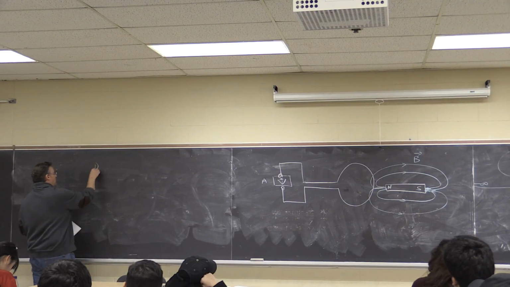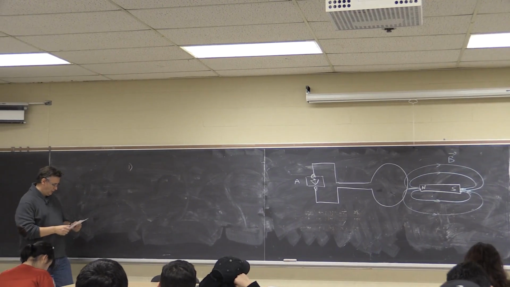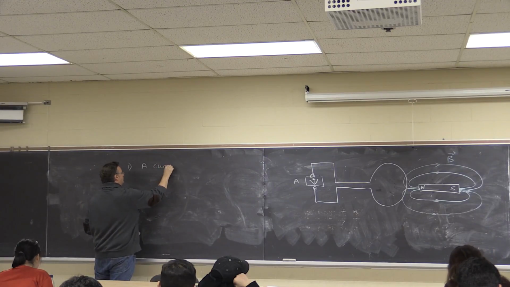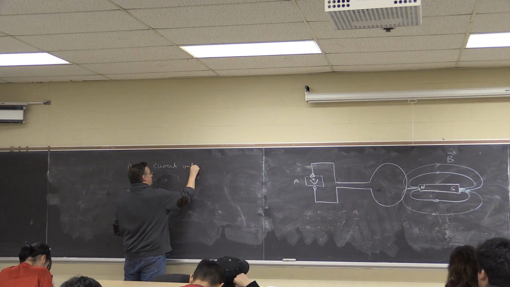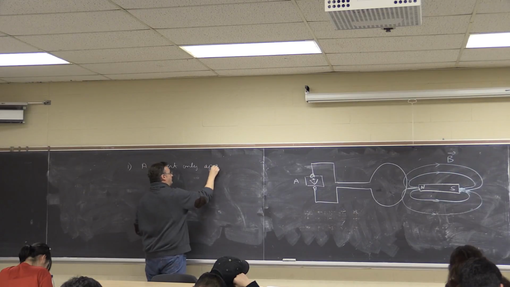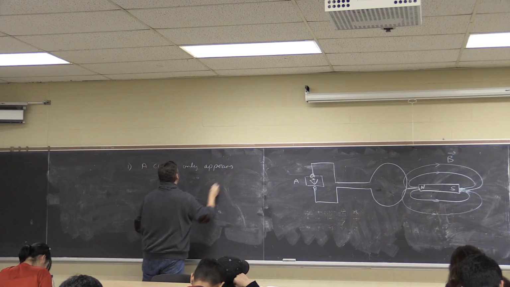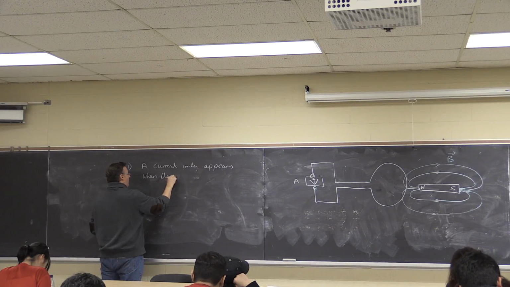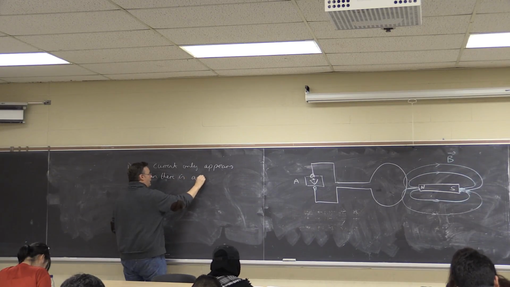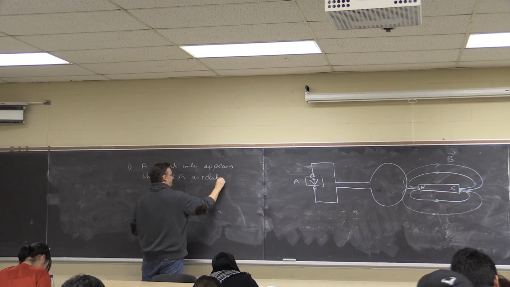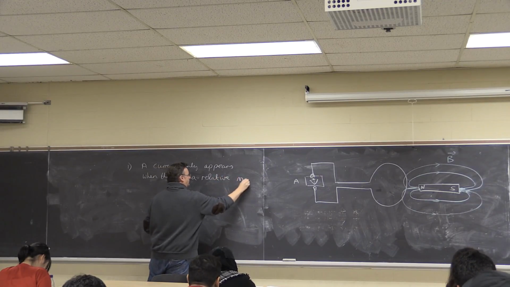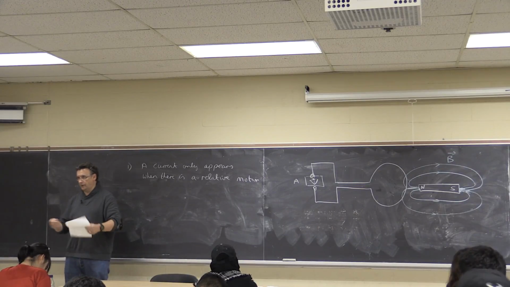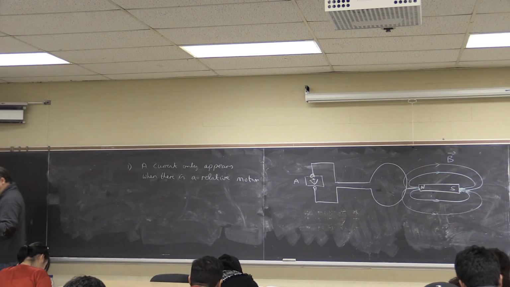His conclusions were, one, a current only appears when there is a relative motion. The magnet is moving, therefore the magnetic field lines are changing.